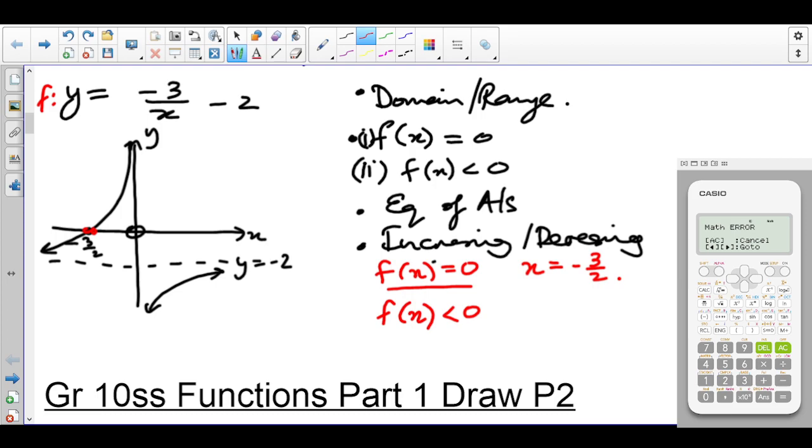Where it is negative, or where it is below the x-axis. Is this part above or below the x-axis? Below. However, that is above. This here? Below. So I'm only going to look where the graph is below the x-axis. So it's those two. From negative 3 over 2, must I move to the left or to the right for the solution?